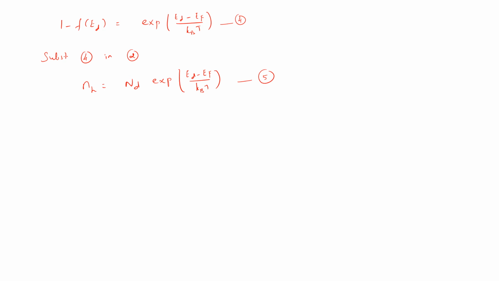So both will continuously take place. So there will be a stage called equilibrium when this will be almost equal. What will be equal? Number of electrons per unit volume in conduction band will be equal to number of holes per unit volume in the donor level. So at thermal equilibrium that will take place.